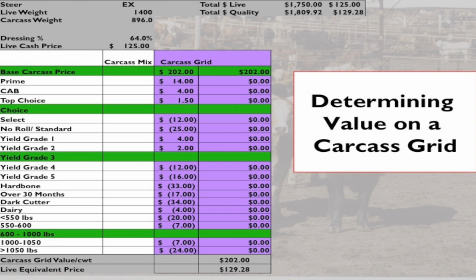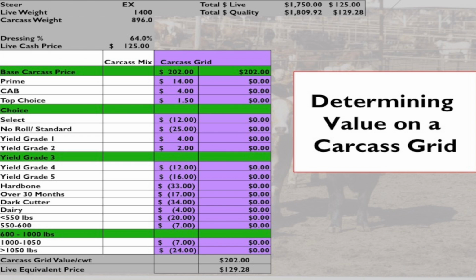So now we're up to $220 that you would receive for that particular animal on a per 100 carcass weight basis. There's not many of those animals around, so if you did have them, that would be a big, big premium that you would receive.